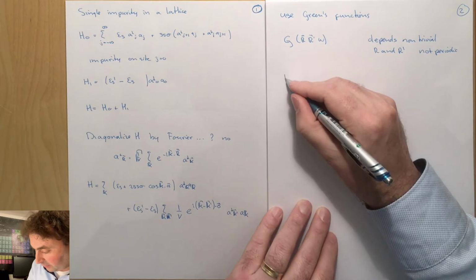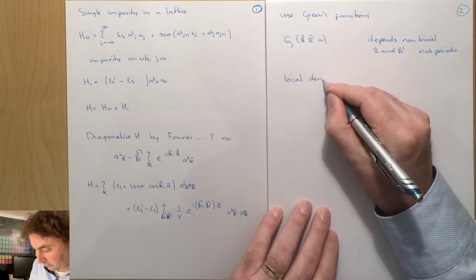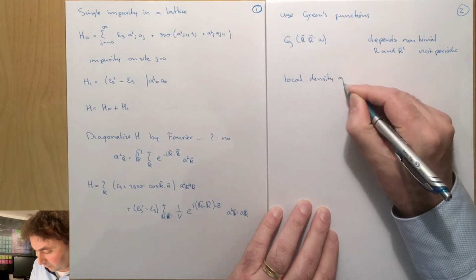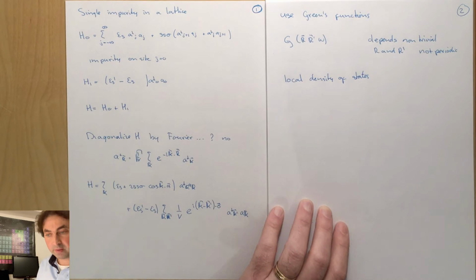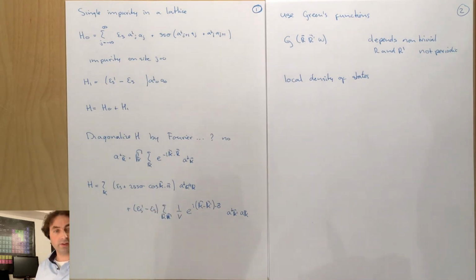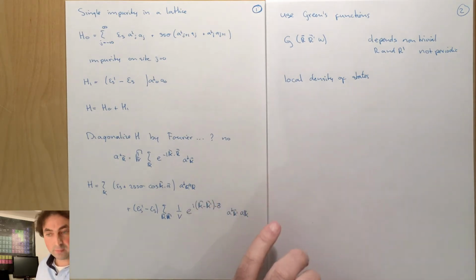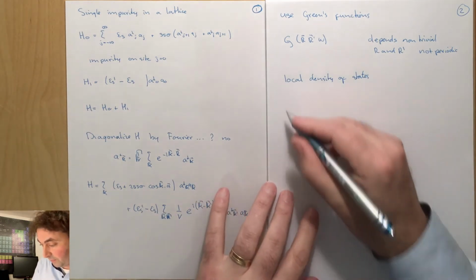And with that, we can now define the local density of states. In a fully periodic system, creating a particle on one side and taking it out on that same side is the same for any side you do this, and therefore the local density of states is just the density of states.